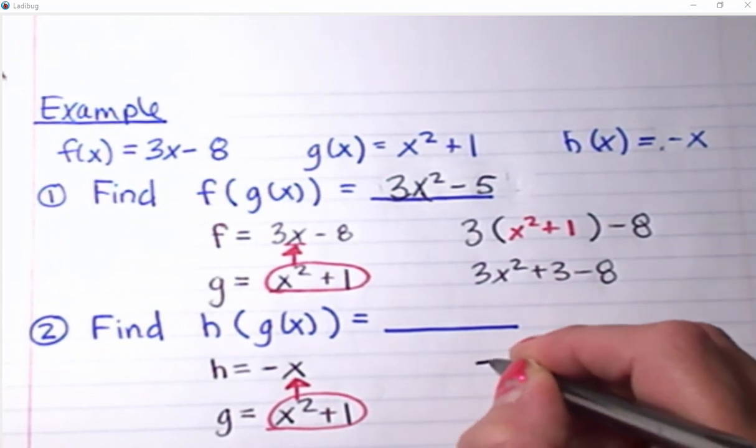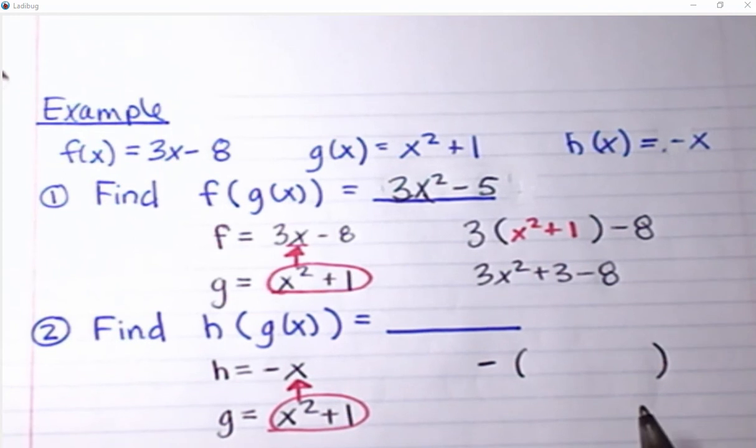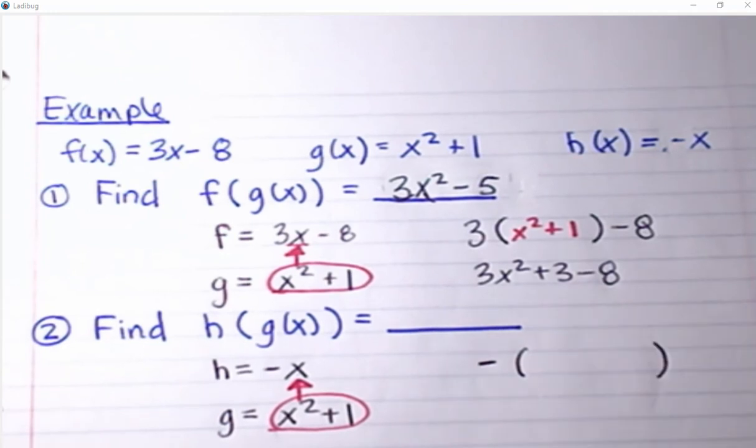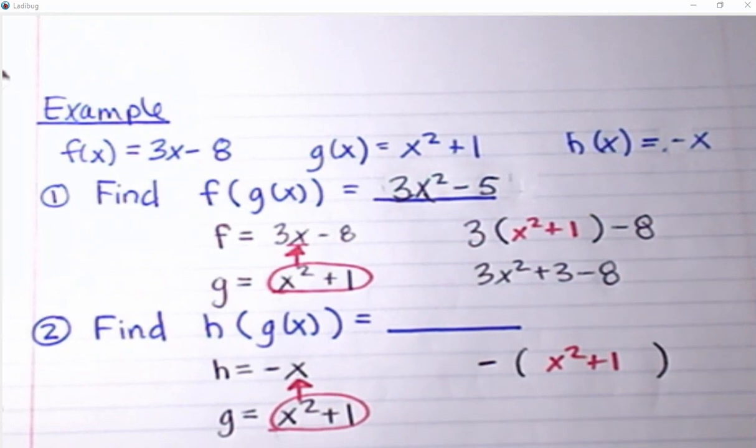Instead of writing the x, I just left a big blank set of parentheses so that I can replace the x with the thing that's going into it, which just happens to be that. And then you simplify it. You distribute.